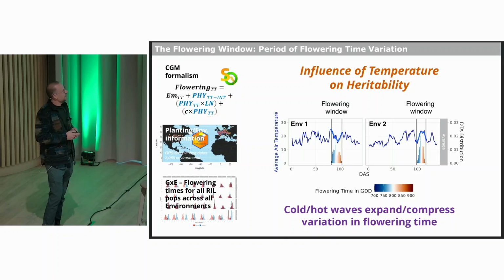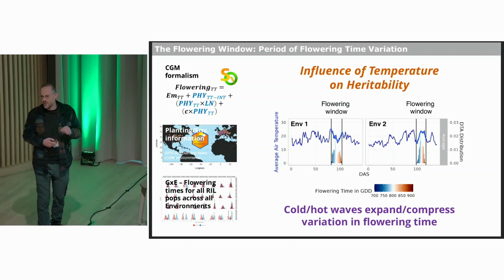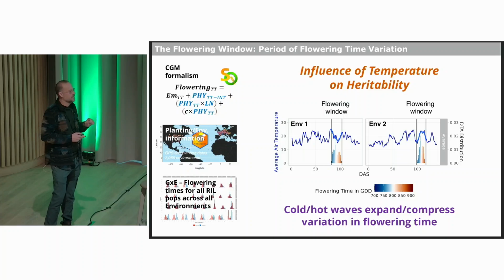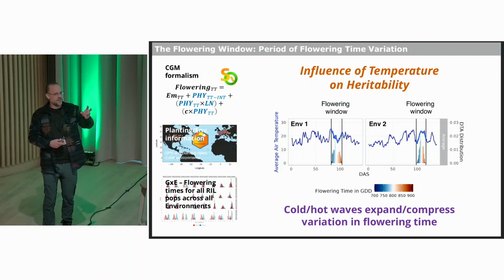And what I want to say here is that when we think about the variation in flowering time that's expressed in days, we like to think about it as the variation from the first individual to flower in the field to the last individual, as opposed to summarizing the variation from the planting date to the last date. So all of this shared history of growth and temperature doesn't accumulate into error later on.